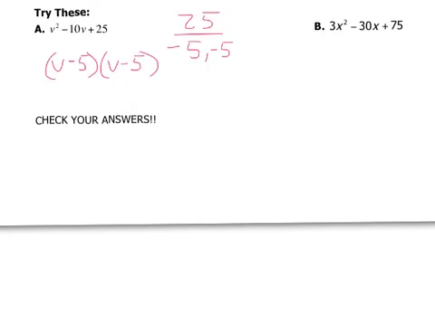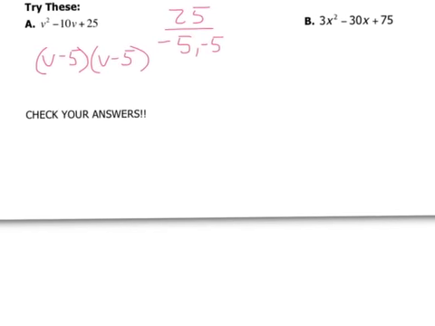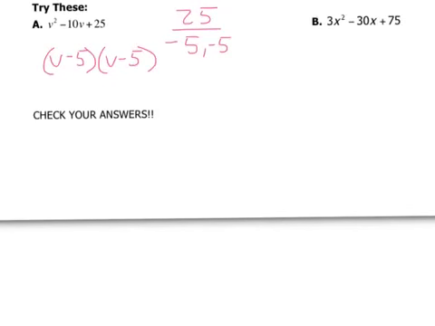Okay? All right, let's look at B. You might say, Mr. Craw, there's something out in front of x squared. Well, what should you always try first with 3 terms? GCF. Anything I can divide out of 3, 30, and 75? 3. So if I divide a 3 out, I'm left with x squared minus 10x plus 25. Now, do you have a regular old x squared?